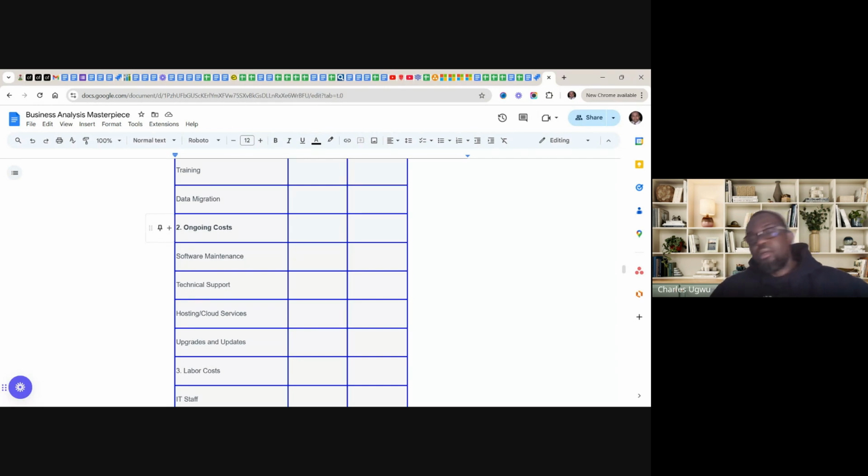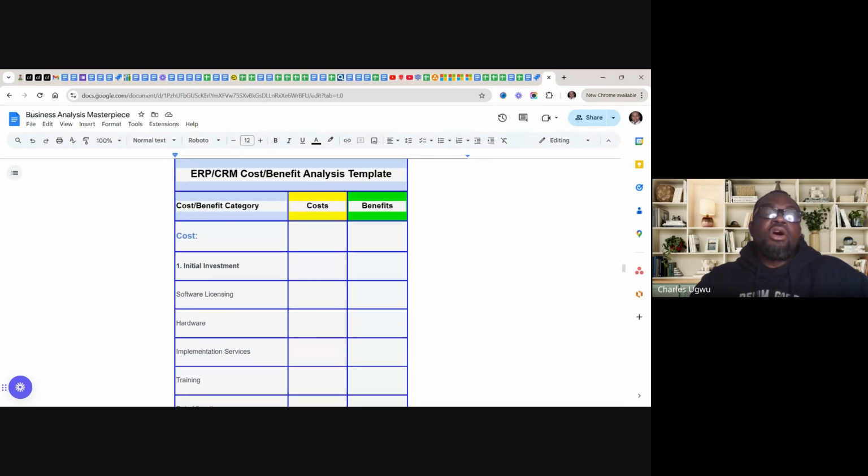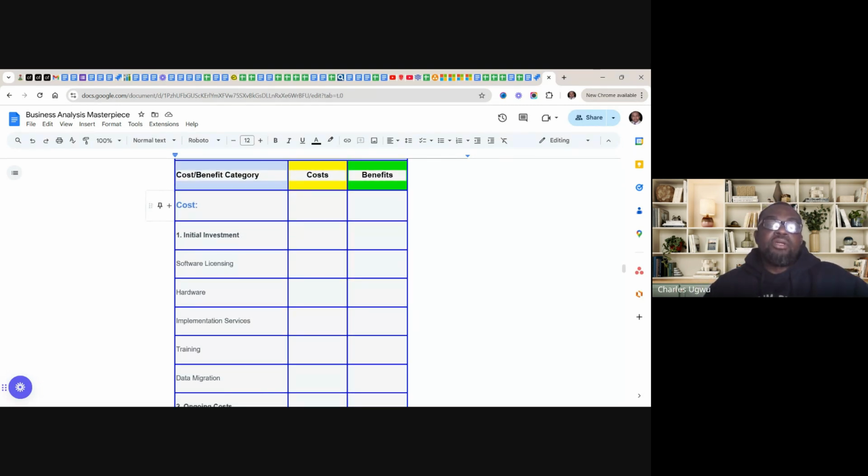This is a template. So when you are working on a project, you don't just copy everything. You pick the cost that is related to what you are doing. You can equally use this template and find that some of the costs I listed here do not apply to your own project. Then you can remove them and put the cost that is applicable. If you are not working on a software implementation, there's no need of going for software licensing.